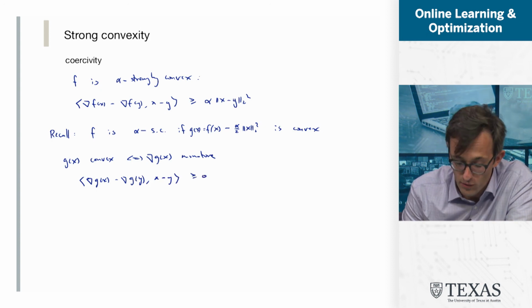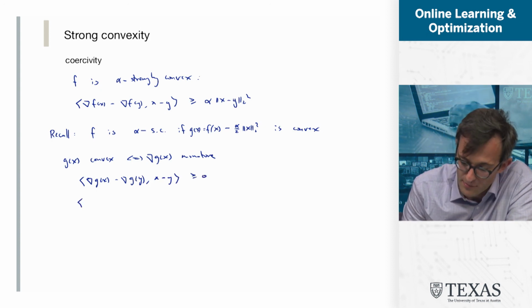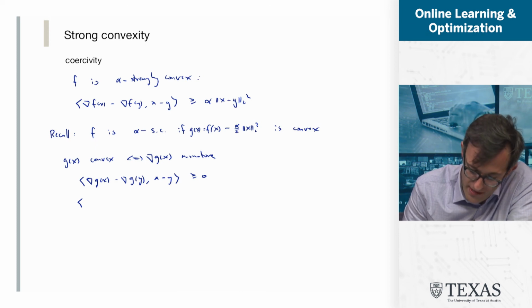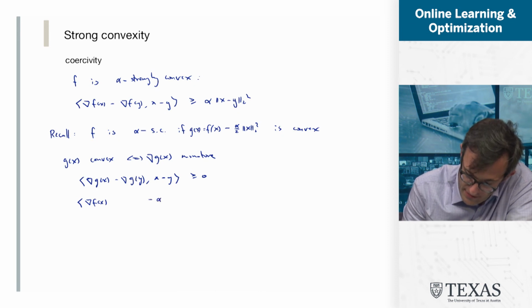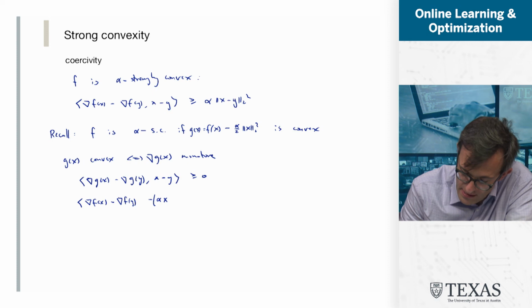And plugging in what this means, this gives us exactly the property that we want. Gradient of g of x is the gradient of f of x minus alpha times x. Gradient of g of y is the gradient of f of y minus alpha times y.